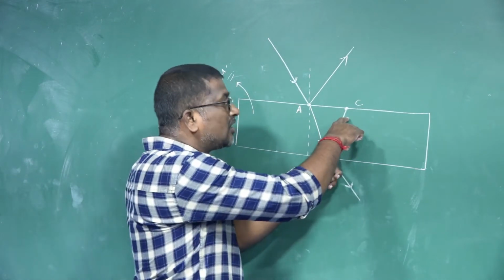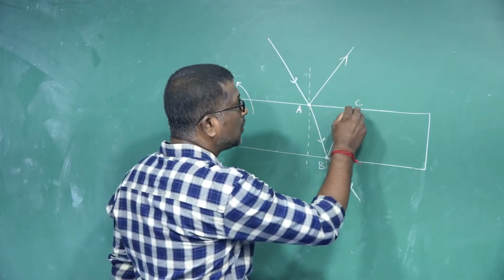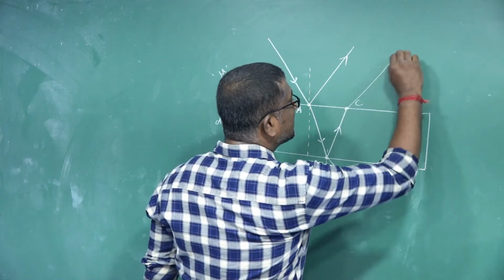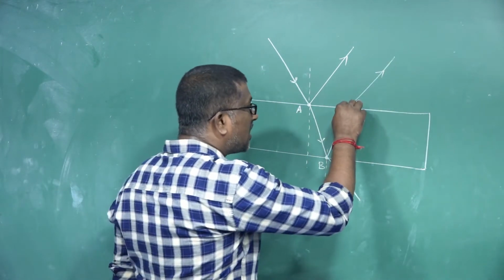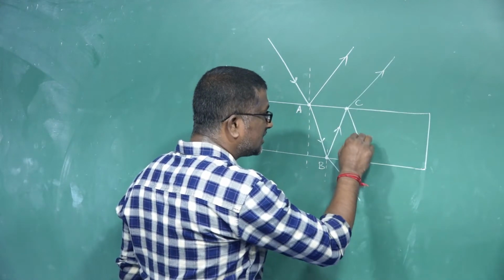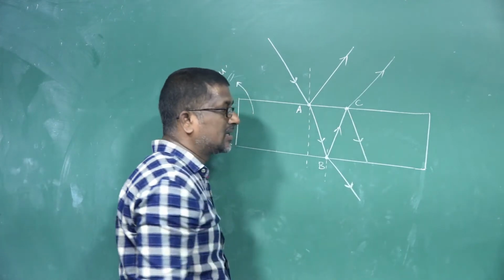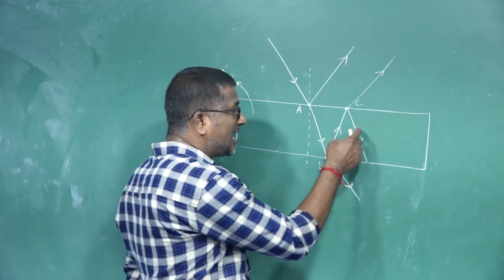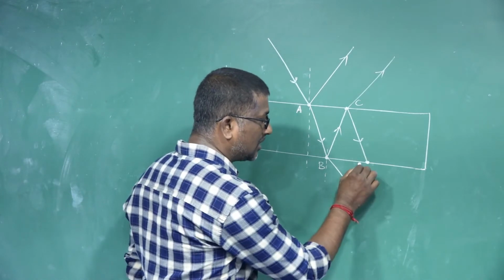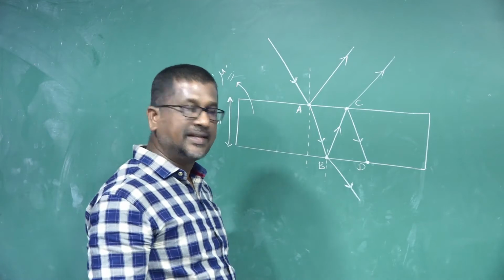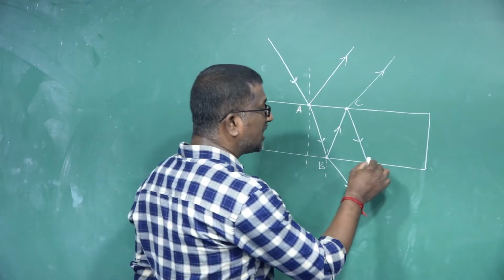And it is also divided into two parts. One part gets refracted out from the surface like this, and another part gets reflected inside the thin film. This reflected ray is incident at the bottom surface of the thin film at point D. Again, it is divided into two parts.